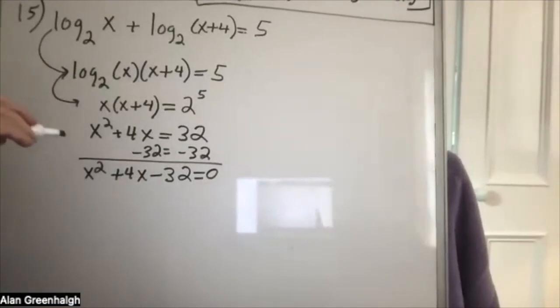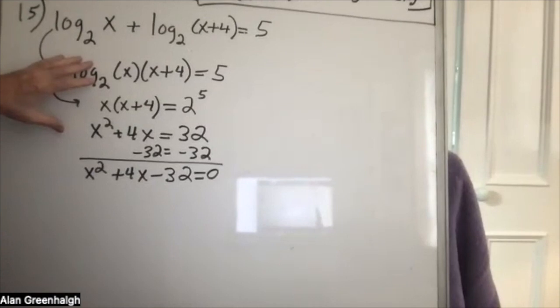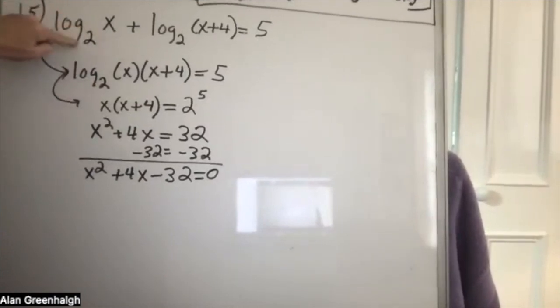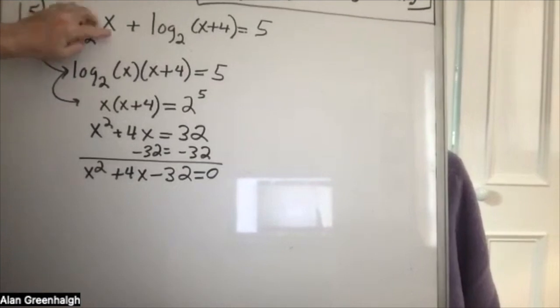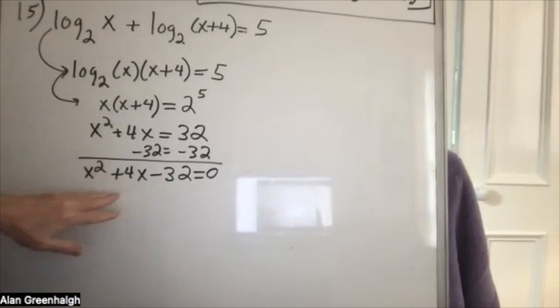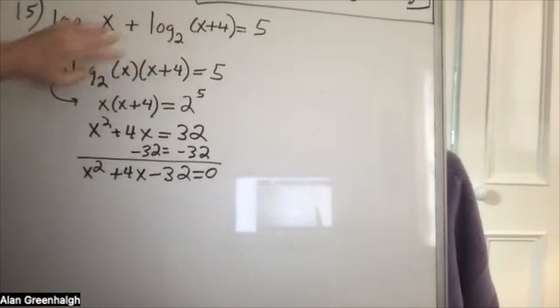Now, remember when we have fractions, we don't want the denominator to be 0. When you have logarithms, you don't want the log of a negative number. So we have to watch out for any value of x that will make this the logarithm of a negative number.